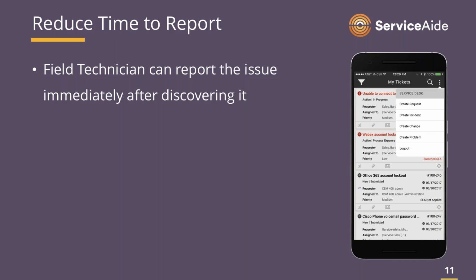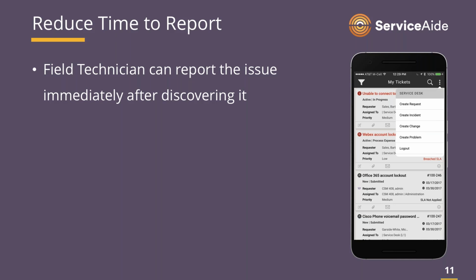So we first focused on getting a lot of feedback from our existing customers, doing usability testing. Before we wrote a single line of code, we did a lot of mock-ups and walked through scenarios with customers, user research, usability testing, and understanding how they would use the app and the functions that they wanted to be able to do from the mobile interface. And one theme came out, again, on reduced time to report: field technicians.